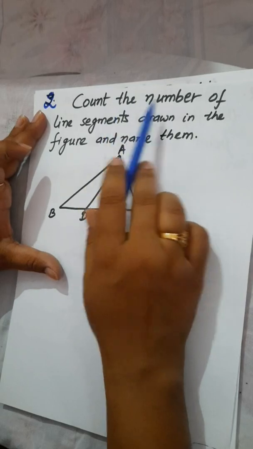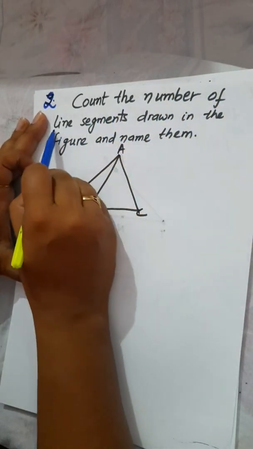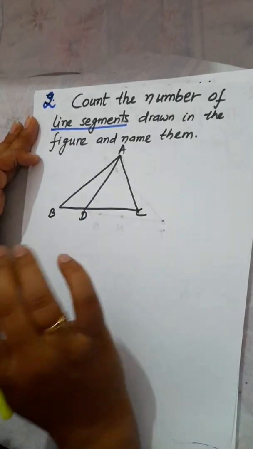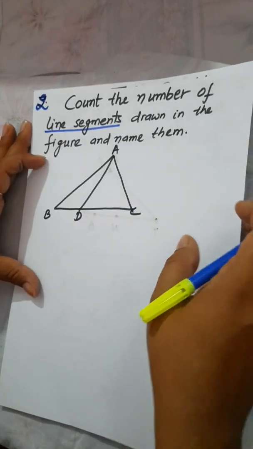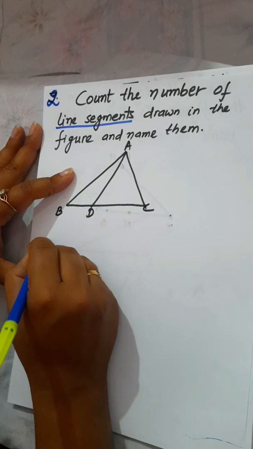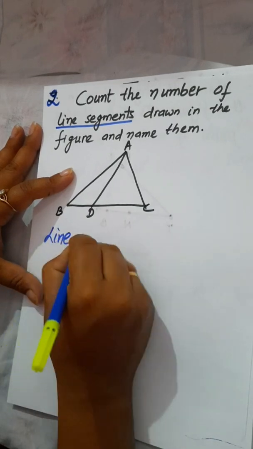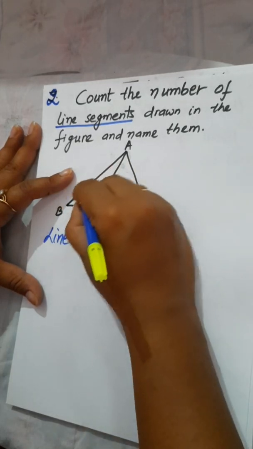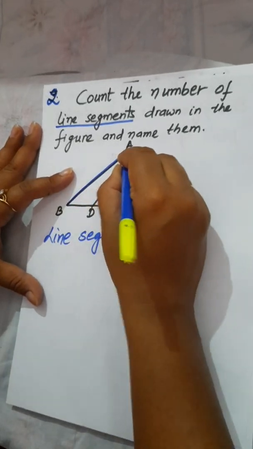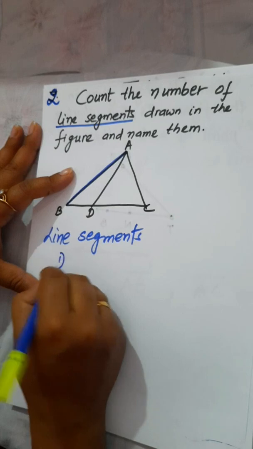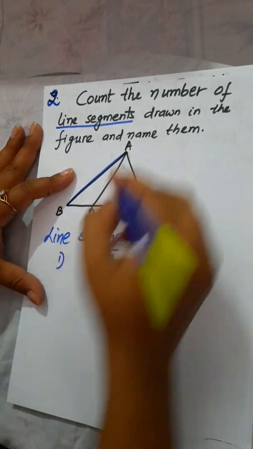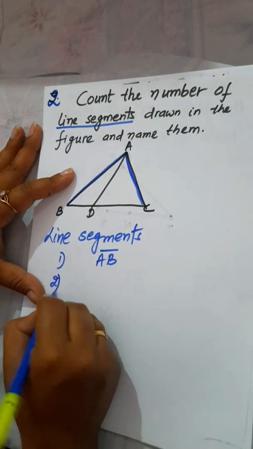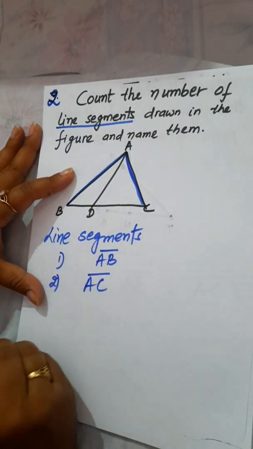Next we have: count the number of line segments. Here we have to count the number of line segments drawn in the figure and name them. Firstly we have to count, then name. Now here we have line segments. First line segment is this, AB. Here the starting and ending points are fixed, so the first line segment is AB. Now the second line segment is this, AC.